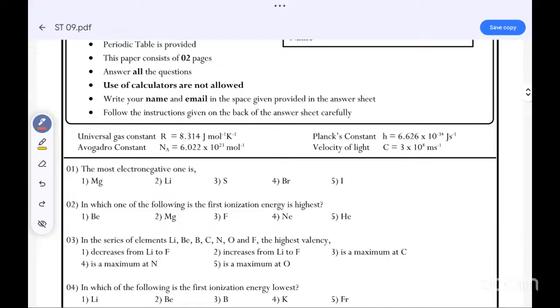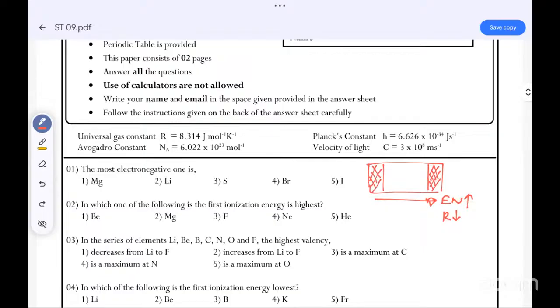So question number 9. First one, the most electronegative one. They're asking about magnesium, lithium, sulfur, bromine, and iodine. Now, in the periodic table, we discussed that from left to right, electronegativity is increasing because atomic radius is decreasing, right? So most of the time, the highest electronegativity atoms are in this direction, and the lowest electronegativity atoms are in this direction.